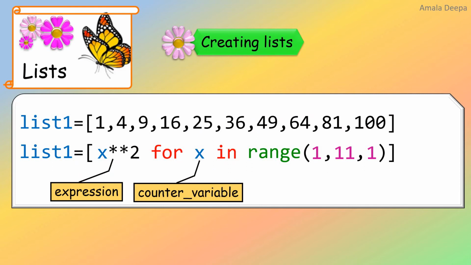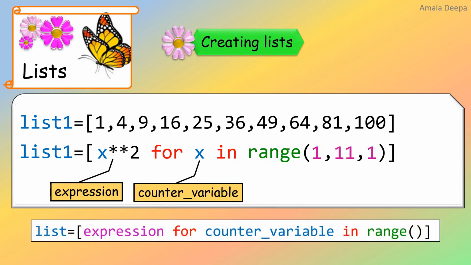The syntax I have followed here is: list is equal to, within square brackets, expression for counter variable in range. So the correct way of generating these squared numbers is not the first one but the second method, by using the syntax given below.